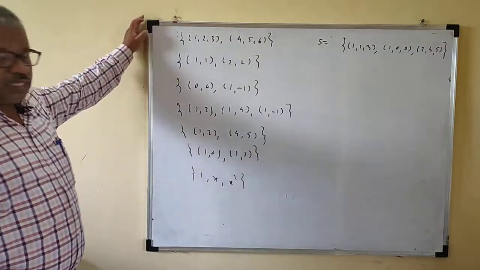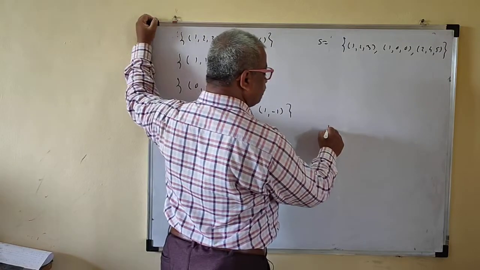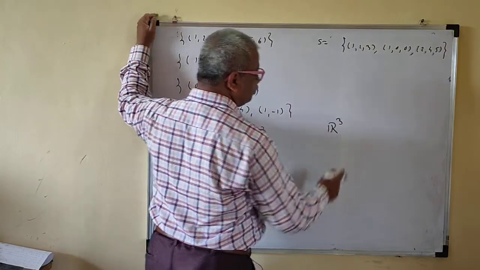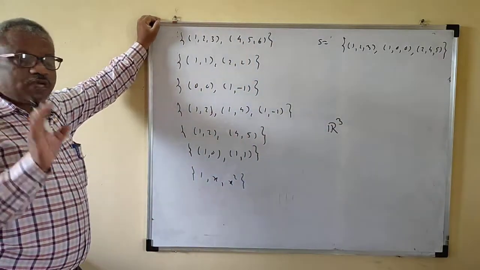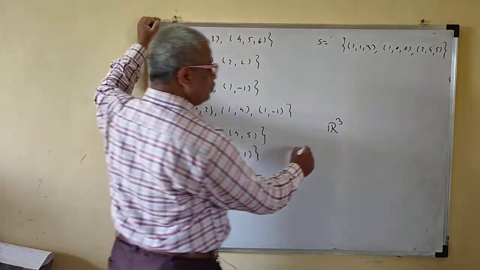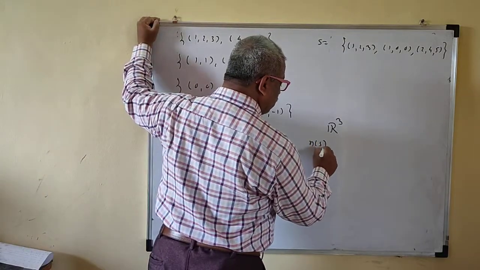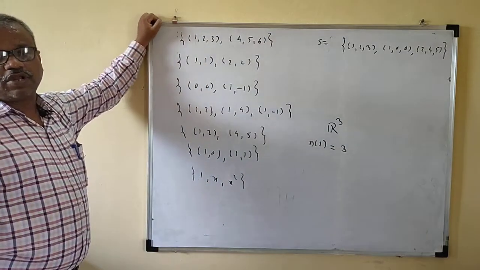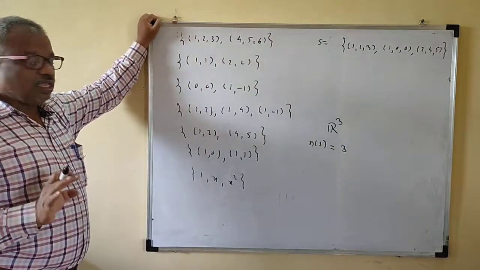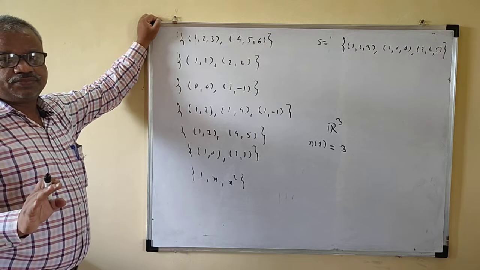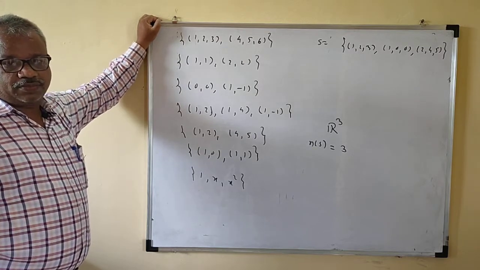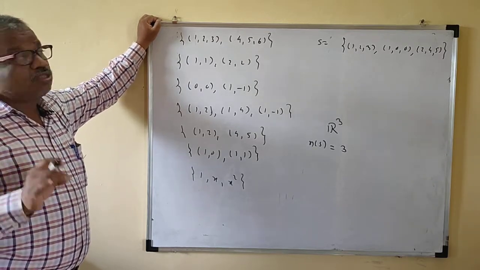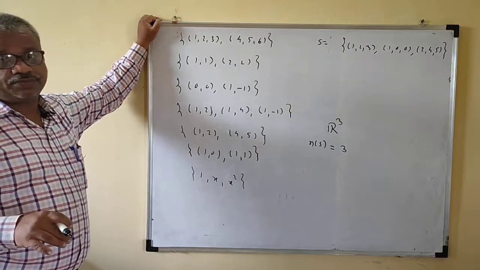Now see, if it is a subset of R3, what is the first possibility? The first condition: for a basis, the number of elements should be 3. If there are not 3 vectors, then it will not be a basis, 100%. But this does not imply that any set with 3 vectors is a basis.